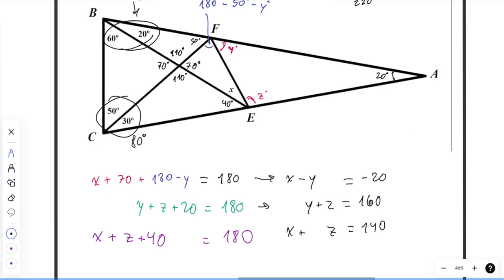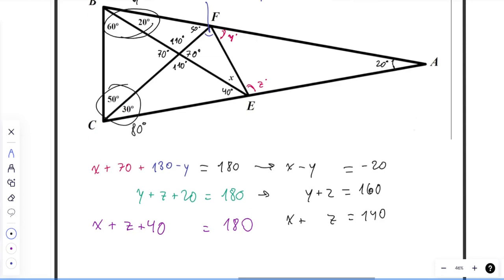For example, if I got my y's to cancel out, that wouldn't be very helpful. So let's take a look.